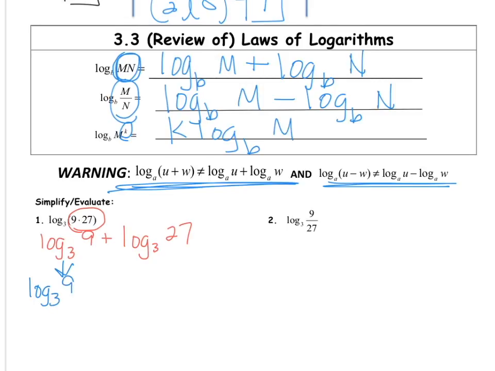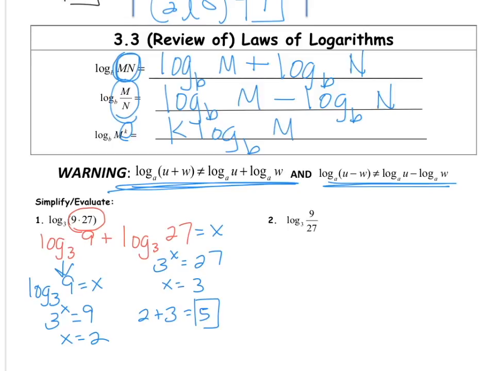Log base 3 of 9, you'd set it equal to x. Then 3 to the x equals 9. So obviously x equals 2. Here, if you need to set it equal to x, 3 to the x equals 27. And then you know that x is 3. So what do we have? 2 plus 3 equals 5. So you just do that to make the math a little bit easier.